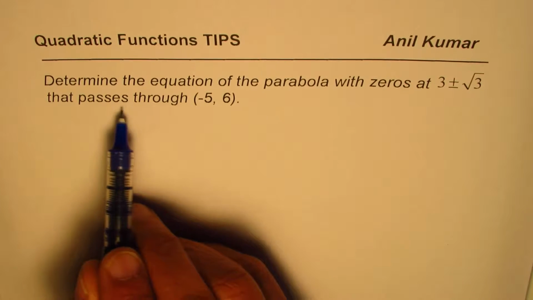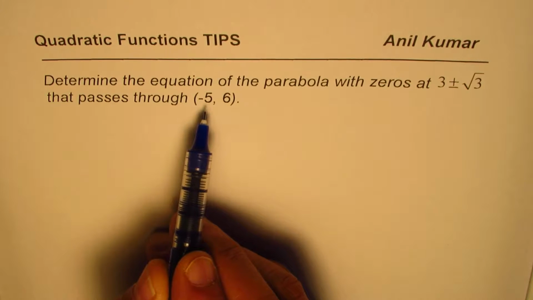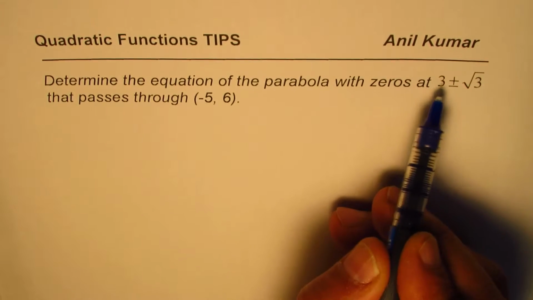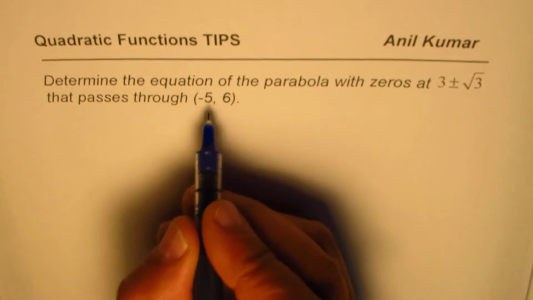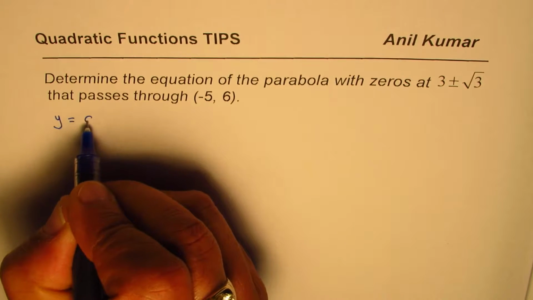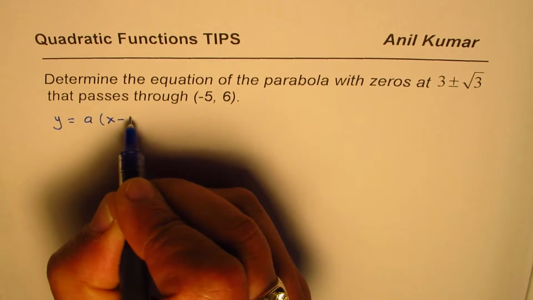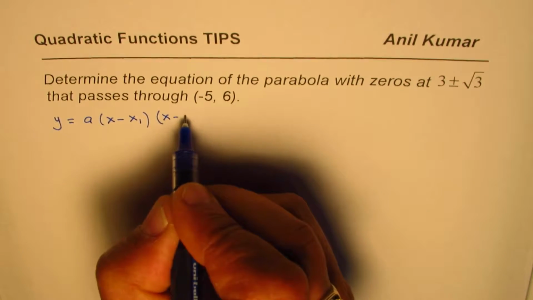Now, since we are given a point, we're talking about a very specific quadratic function which has zeros identified and also the point. So we'll write the general form, that is y equals a times (x minus x1)(x minus x2), where x1 is the first x-intercept and the other one is x2.